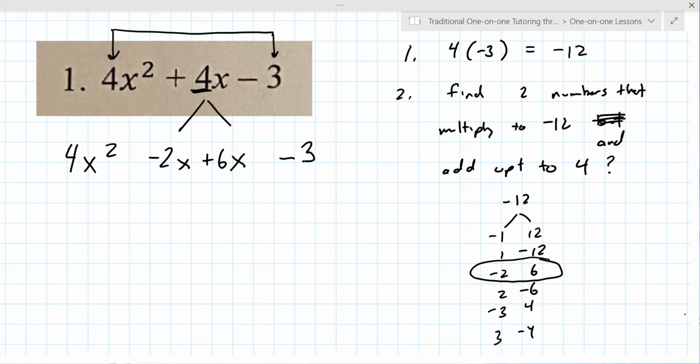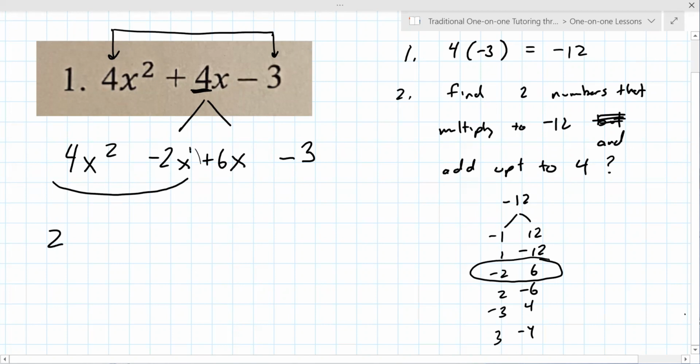The next step here is to do what's called factor by grouping. So you look at these two terms here. Okay, and you ask yourself, this is like what we did last time. Look at the number and the number, the letter and the letter, variable and variable. What is the greatest common factor between these two? 2. 2 for sure. How about between x squared and x?